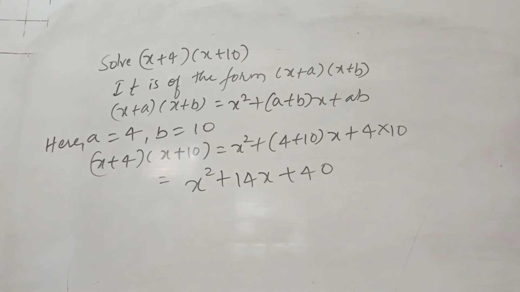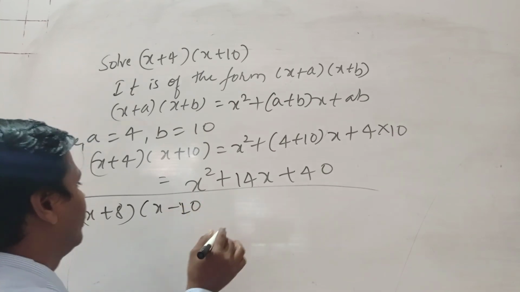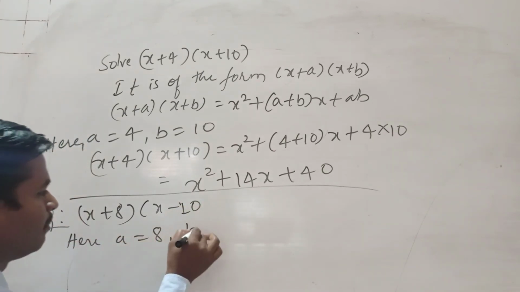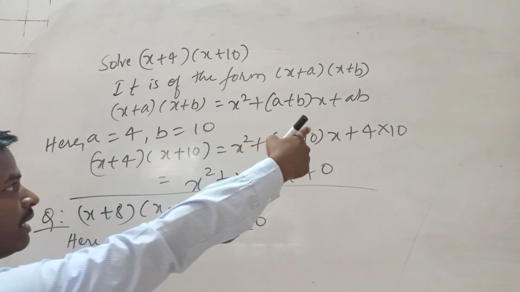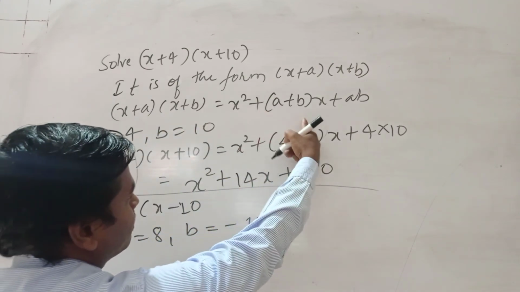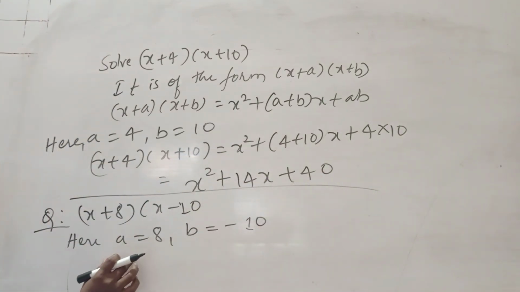The next question is (x + 8) into (x − 10). Now here a equals 8, b equals minus 10. We are using the same formula again: (x + a)(x + b) equals x square plus (a + b) into x plus ab. In the place of a, 8 is there.